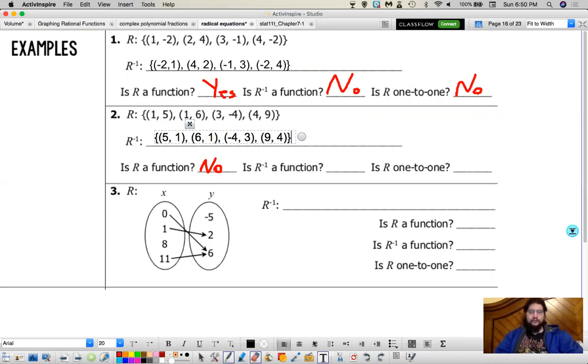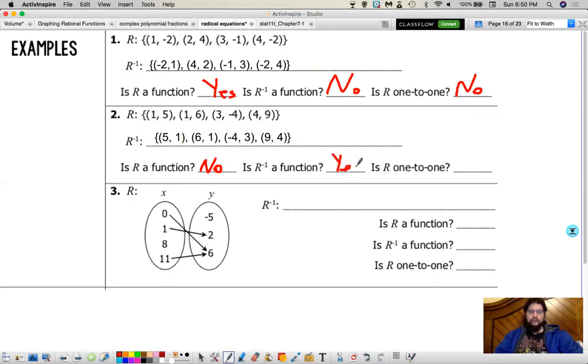Is this thing a function? Sure it is. Is it 1-to-1? Nah. In order to be 1-to-1, it must be a function first off, and it's not.